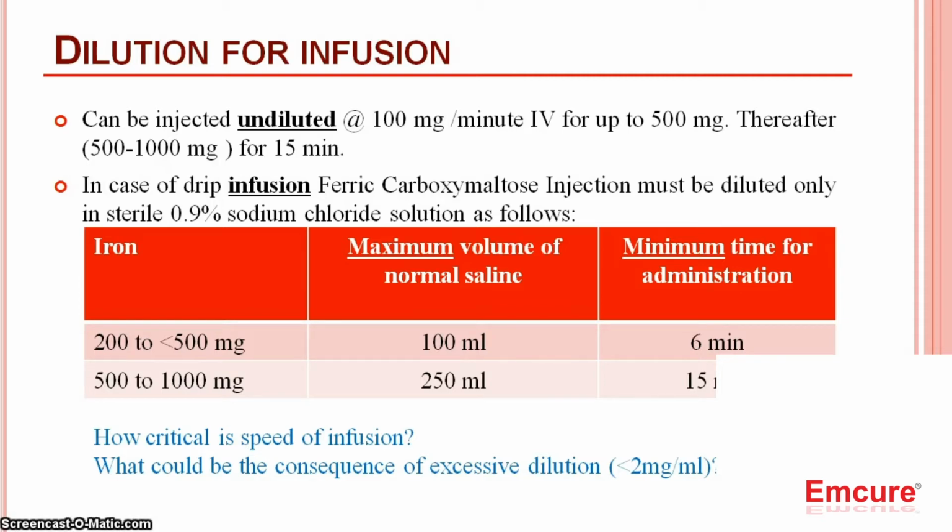For 200 to 500 milligrams, 100 ml of normal saline and the minimum time of administration should be 6 minutes. For 500 to 1000 milligrams, 250 ml over 15 minutes. The speed of infusion is very critical because it releases the iron, hence you can have allergic reactions due to faster or slower infusion.